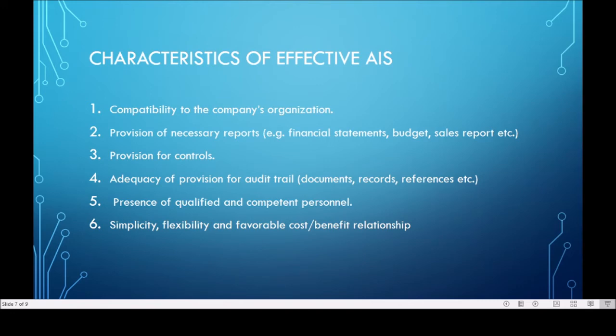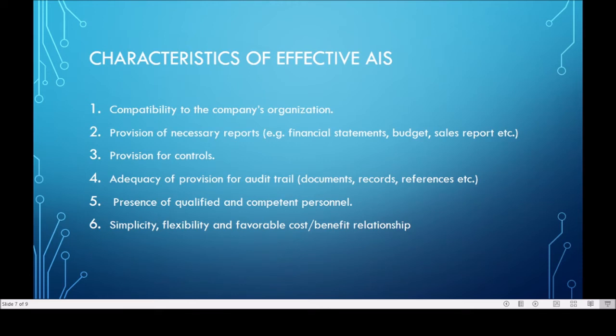Second, provision of necessary reports. Take note, a good and effective AIS can provide necessary reports needed by the people in the organization. The board of directors has different needs on the accounting system.